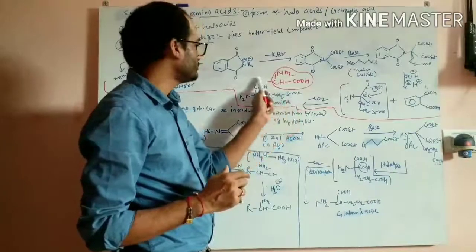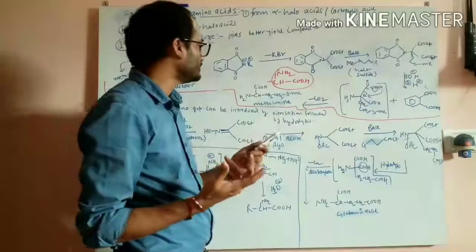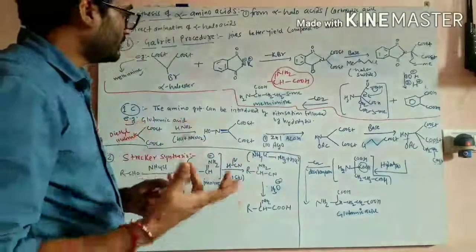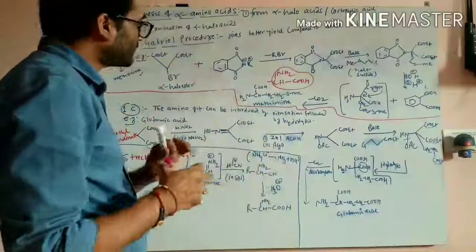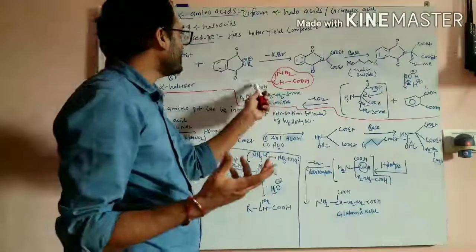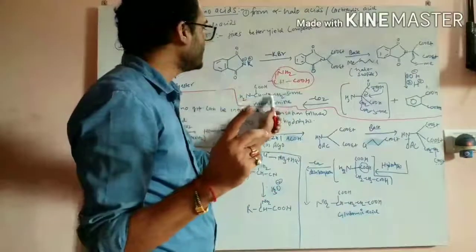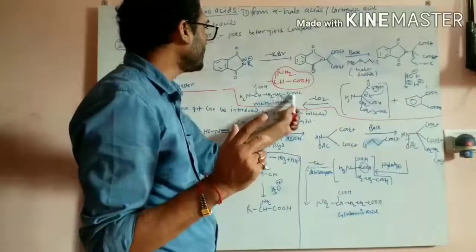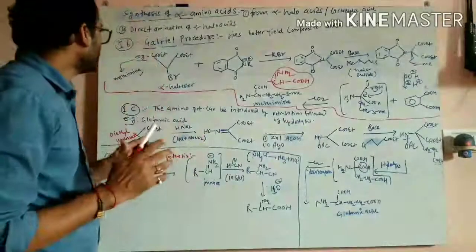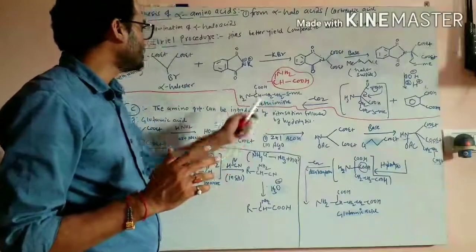This moiety will remain the same in all these amino acids, whether I synthesize methionine, glutamic acid or some other amino acid. The only variation is the side chain, so we have to concentrate on that side chain. Now I have to synthesize this methionine molecule.